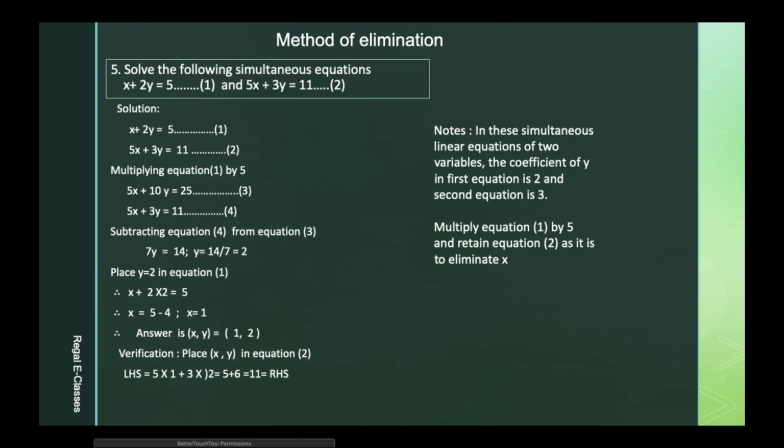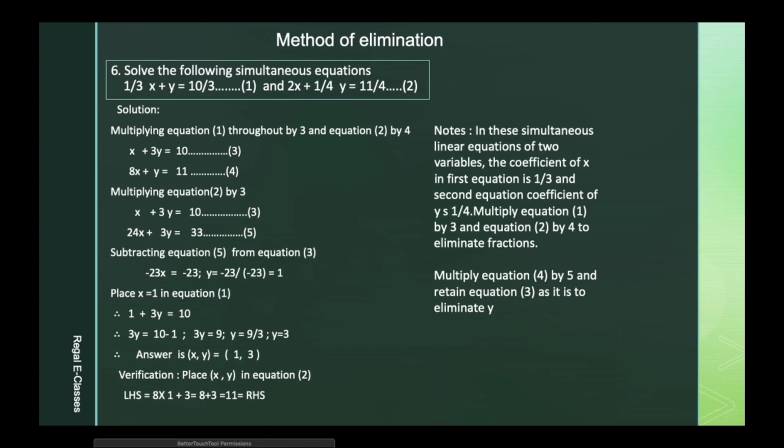Another problem, and you will be able to solve it by the method of elimination. In this equation, these are fractions. The coefficients of x in equation 1 and of y in equation 2, you just multiply them to make simple equations.